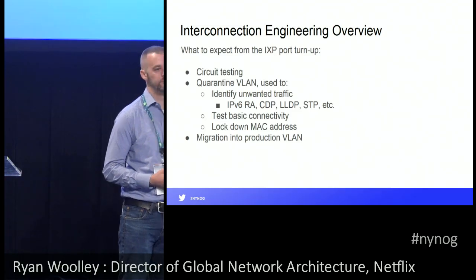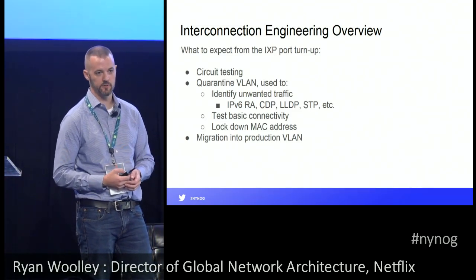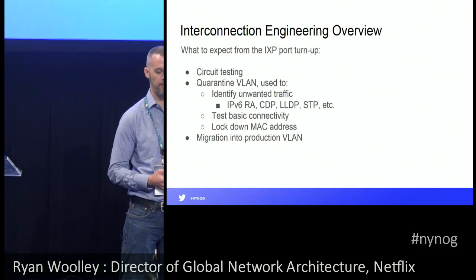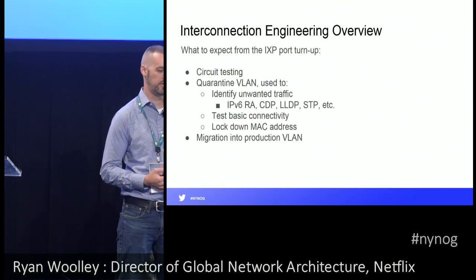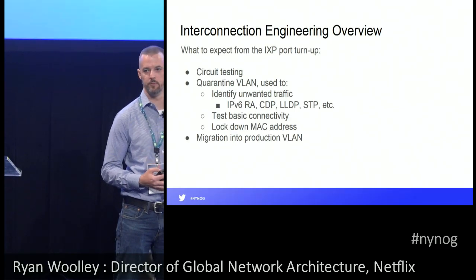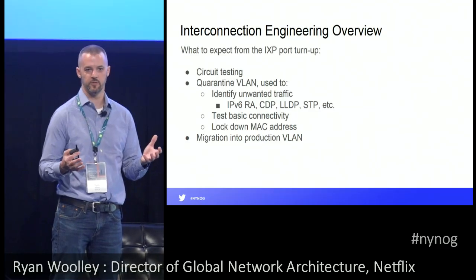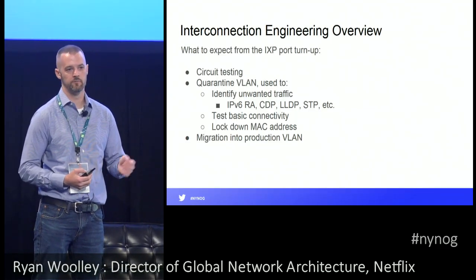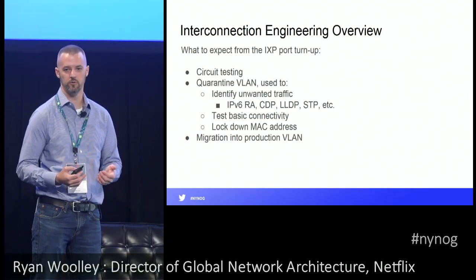If you made a decision to turn up a port on an IX, there'll be a couple things you'll be expected to do, and you can expect from the IX operator in order to make that happen. The circuit testing is something you're certainly familiar with, but something that's sort of unique to the IXP turnup process is being placed in a quarantine VLAN. So IXPs are typically just layer 2 switches, as was mentioned before, and you'll be placed into a quarantine VLAN where the operator essentially uses tcpdump to look at the traffic that you're sending.